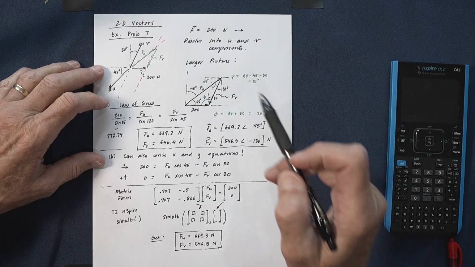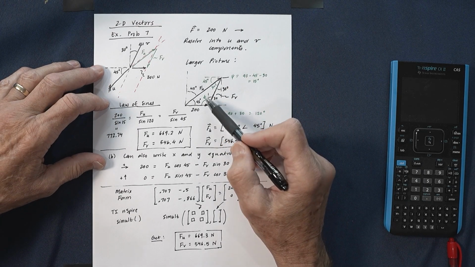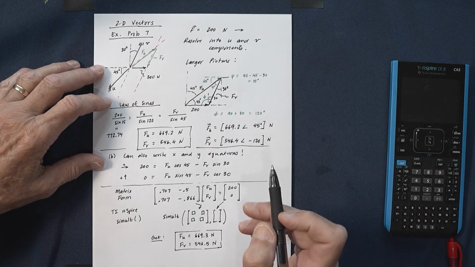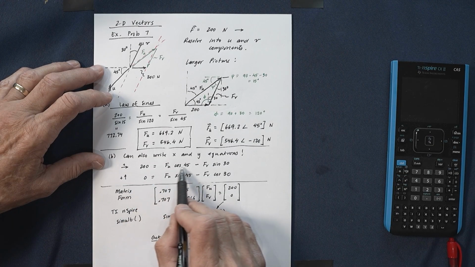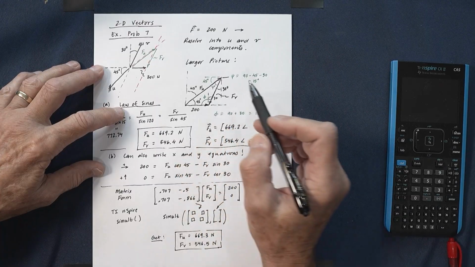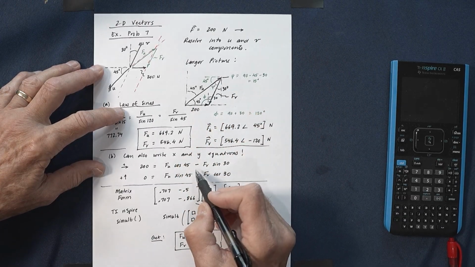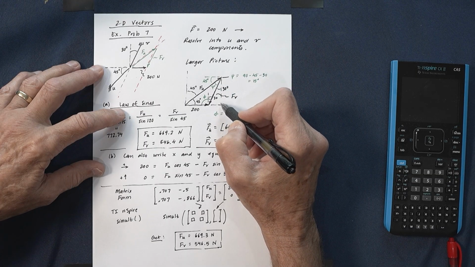The question is, can I write X and Y scalar equations to solve this guy? And sure we can. Let's try that. If we sum the x components, the horizontal components, I basically have 200 is equal to FU cosine 45 minus FV sine 30.